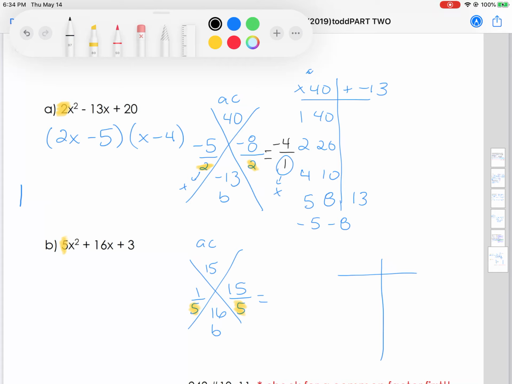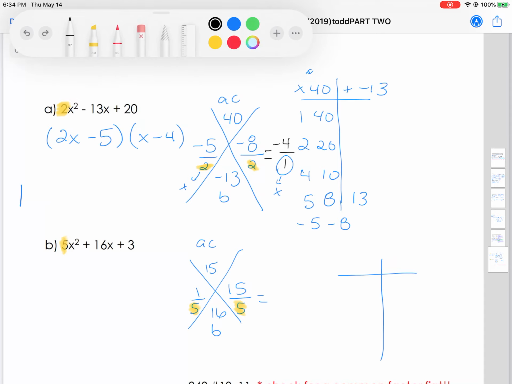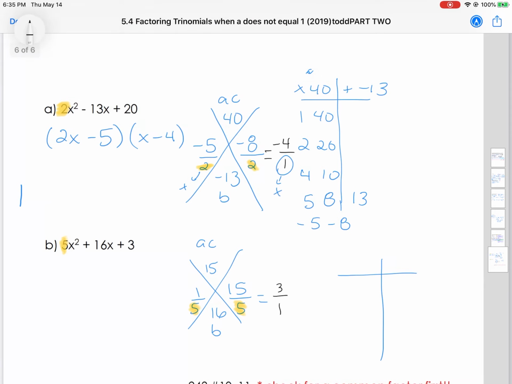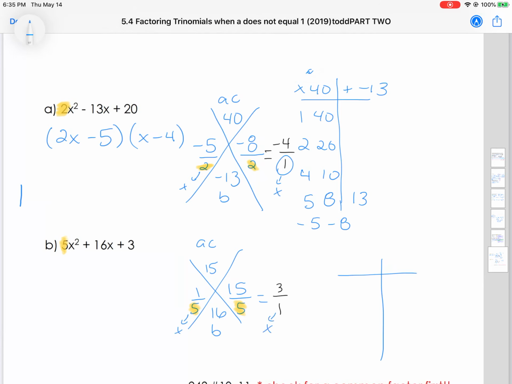Reduce. The other one can't be reduced, so this goes with the x. Five x plus 1 and x plus 3.